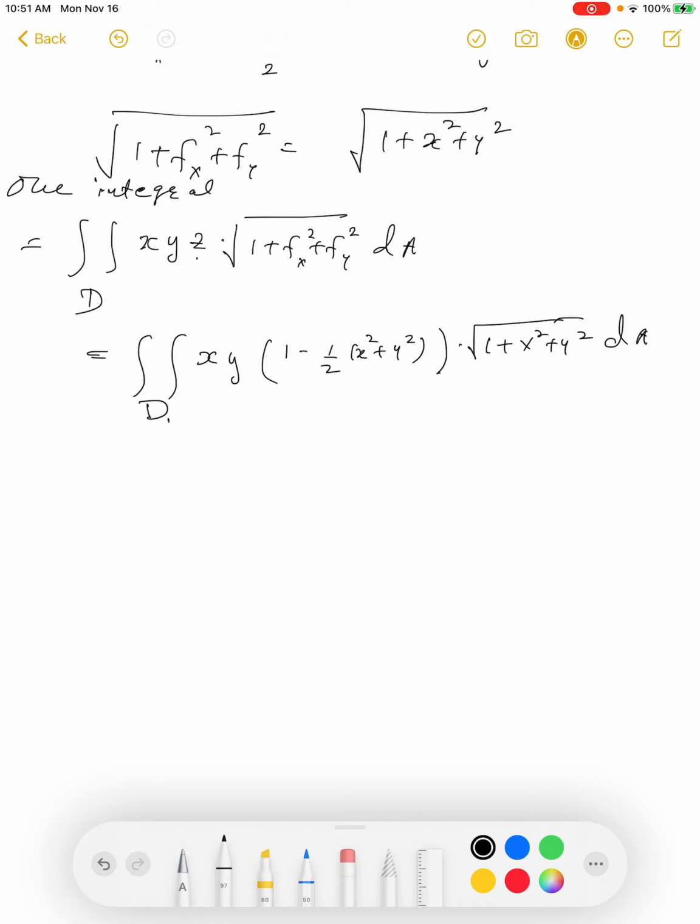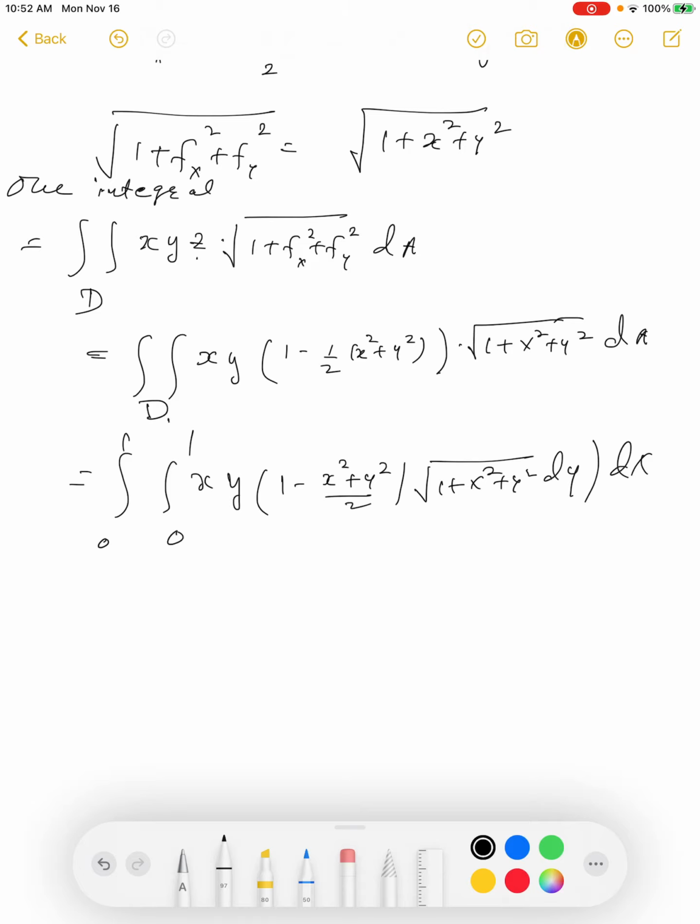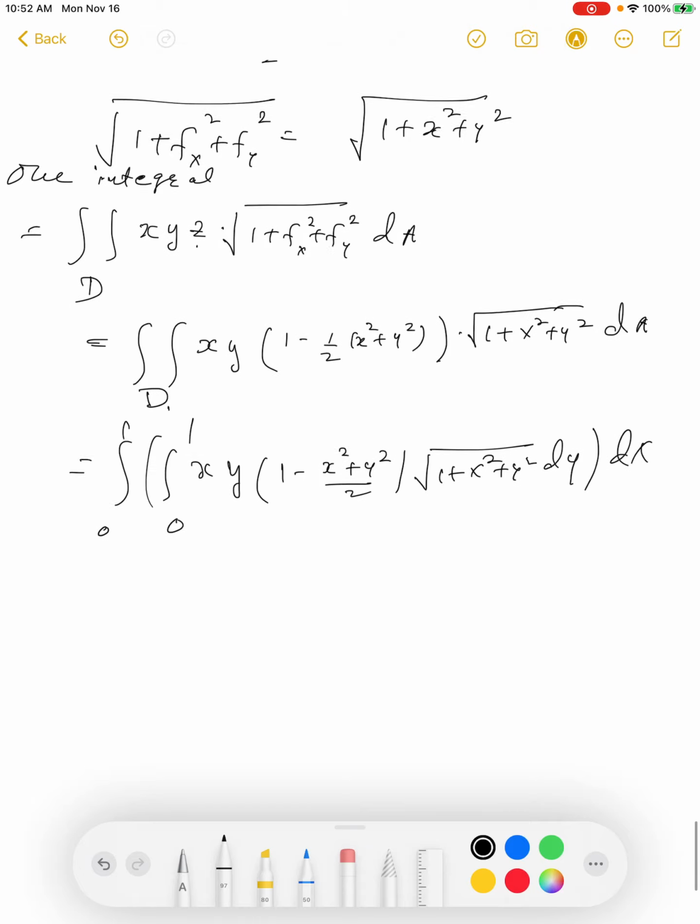And integrating this is not a problem, it just takes time. Integral on this D is not difficult. This is a square, so I will integrate with respect to, so let's write this down, 1 minus x square plus y square by 2 times root of 1 plus x square plus y square dy and then dx.